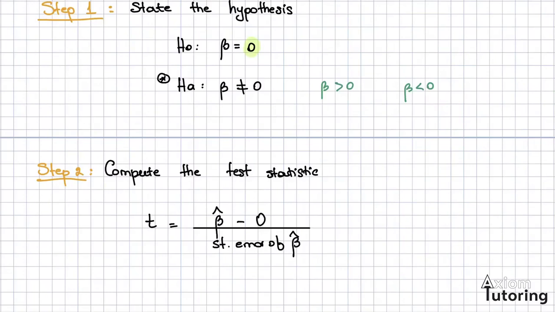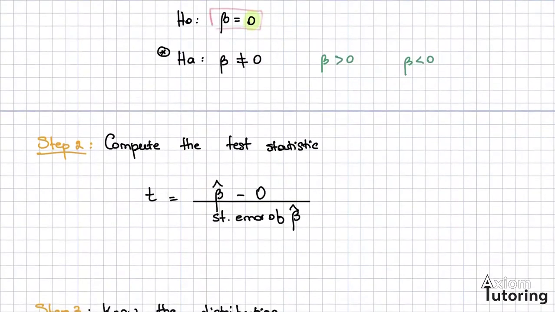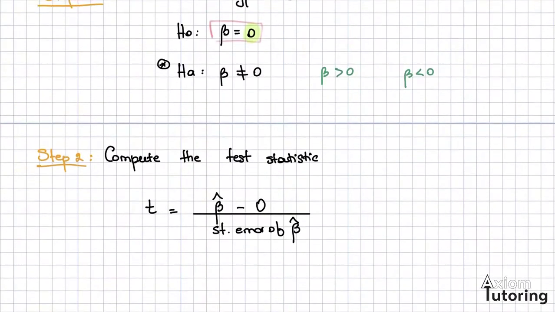One side note: most of the time, because the null hypothesis is beta equal to 0, you'll see in a lot of books or maybe your lecture notes or seminar notes that this part is skipped, which makes sense because you are simply subtracting 0.